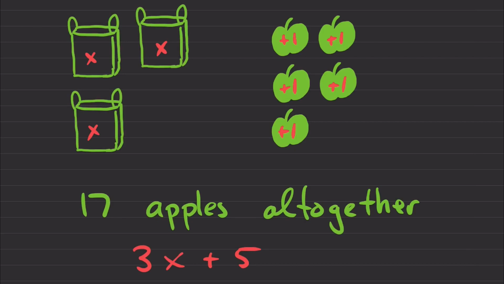But in total, altogether, that's equal to 17. That's an equation. So the idea now is that with this information, we actually can figure out exactly how many apples are in each bag, and we use algebra.